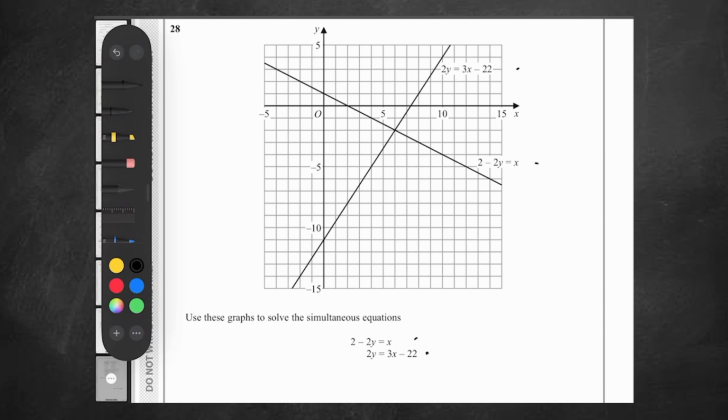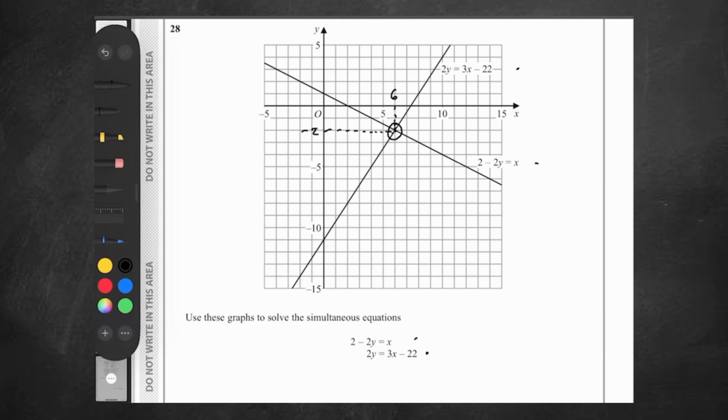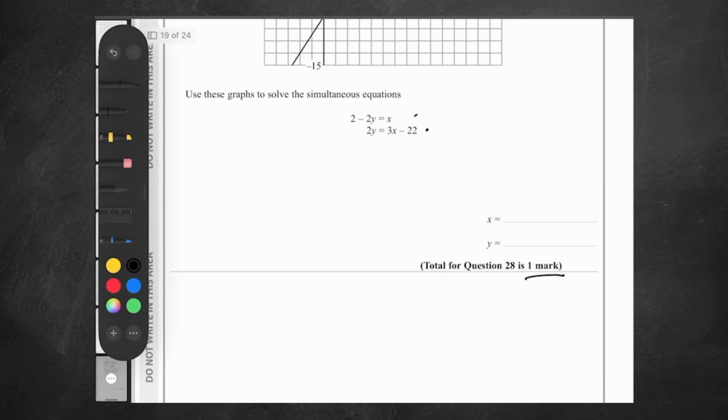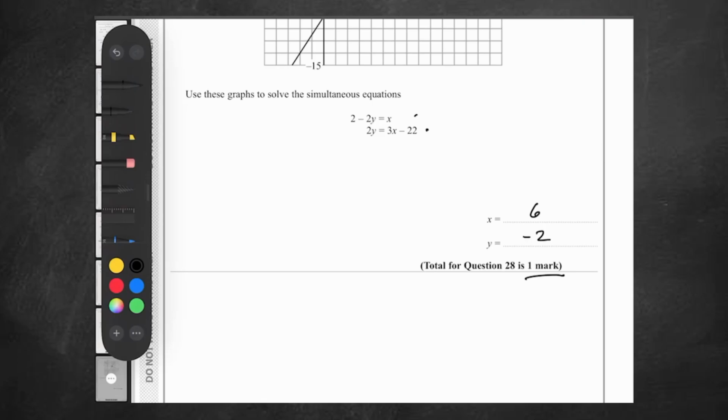So solving the simultaneous equations is just wherever these lines cross. So looks to me like each square on the x-axis and the y-axis is 1. So it's just going to be whatever this point is here, which I believe is going to be 6, minus 2. 6, minus 2.